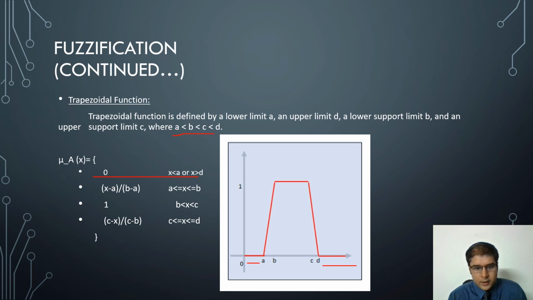If x lies between a and b inclusive, it is (x minus a) by (b minus a), this slope. If it lies between b and c, not inclusive, then it is 1. And if it lies between c and d inclusive, then it is (d minus x) by (d minus c), that is this slope here. So this is our trapezoidal function.